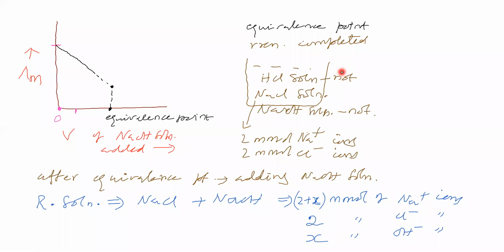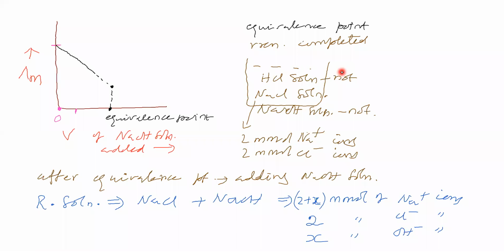Then what do you say? This solution is showing molar conductivity, this solution also showing molar conductivity. Do you think this molar conductivity and this molar conductivity will be different or remain same?